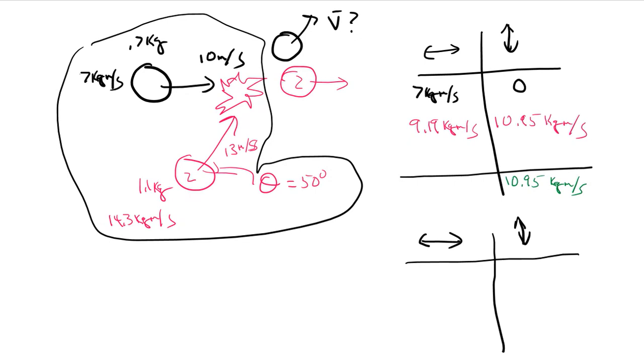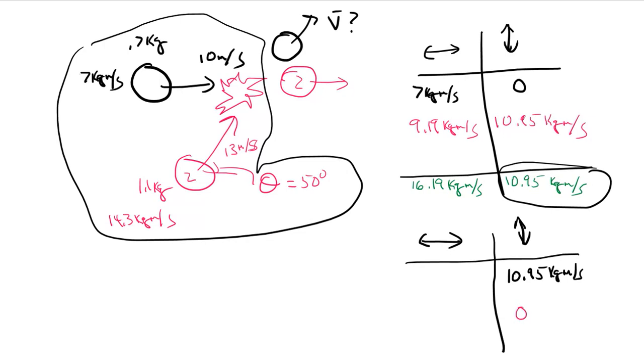Total momentum horizontal looks like 16.19 kilogram meter per second. Now, if I look at the black billiard ball, it has the vertical component, and I know the total vertical is 10.95. And I know ball 2 is only going horizontal. So this must be 10.95 after the collision because the total momentum has to stay the same. So the total vertical momentum has to stay the same.